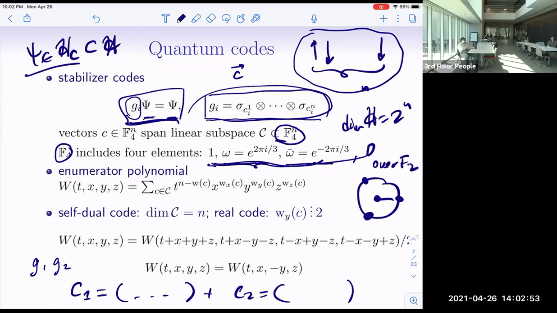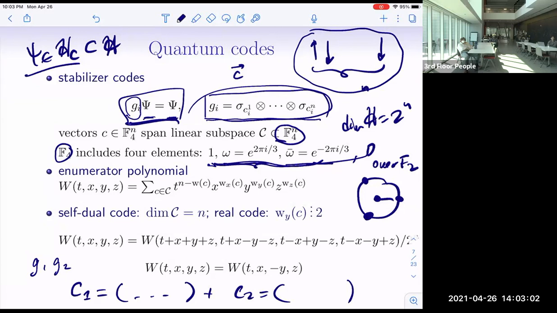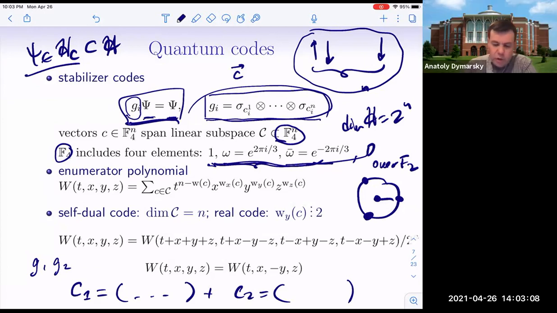But the Hilbert space is a complex linear subspace. Yes, the Hilbert space is a complex linear subspace. So one object seems continuous and the other seems discrete. In what sense are they equivalent? Well, they're equivalent in the following sense. All vectors psi which are invariant under G_i, where G_i is given by this formula.